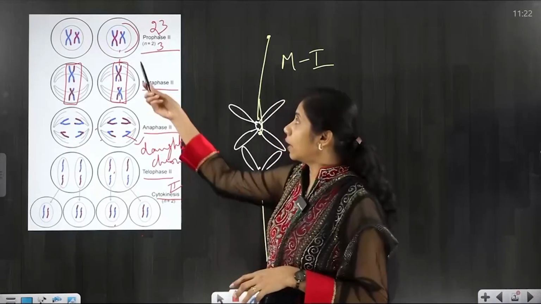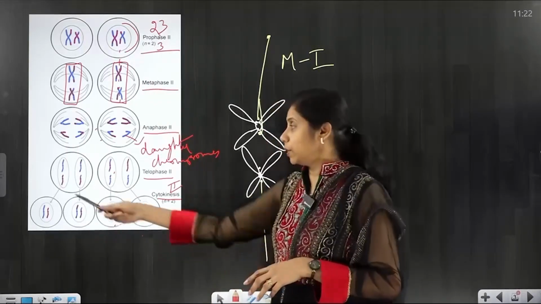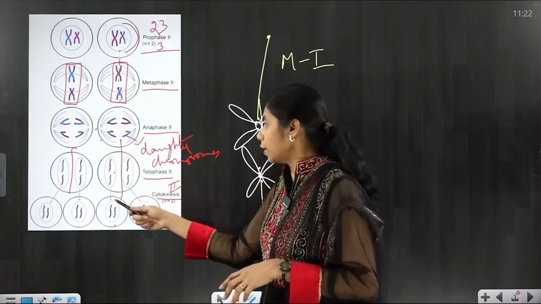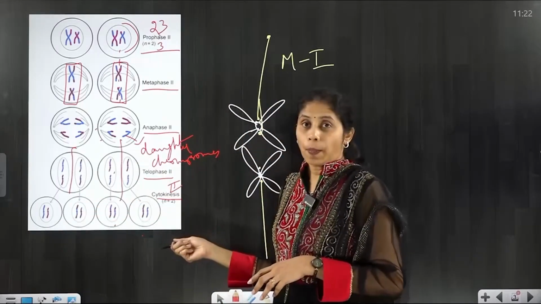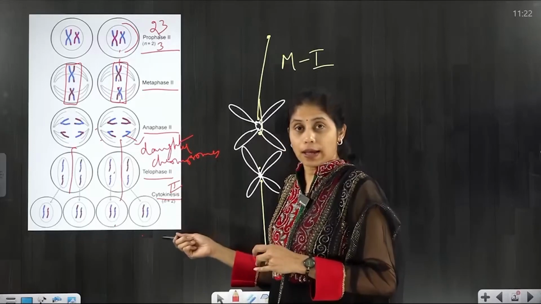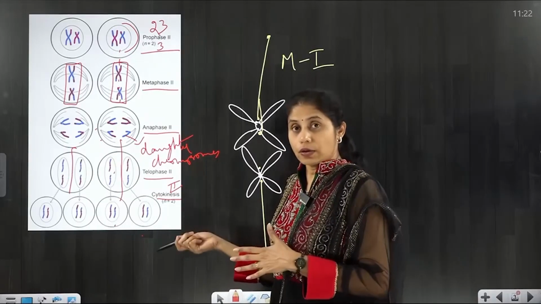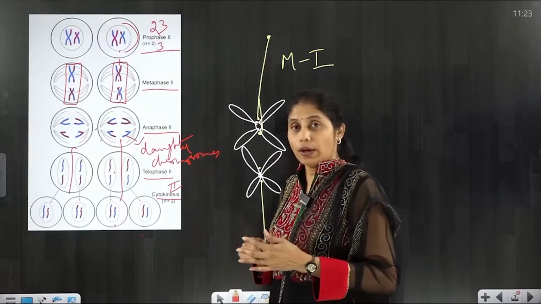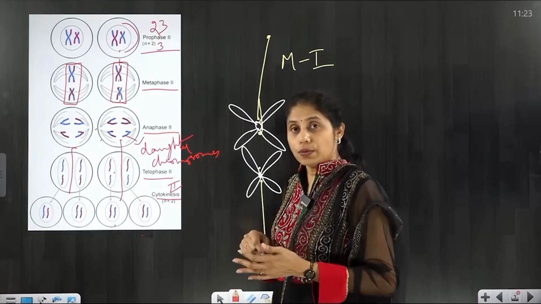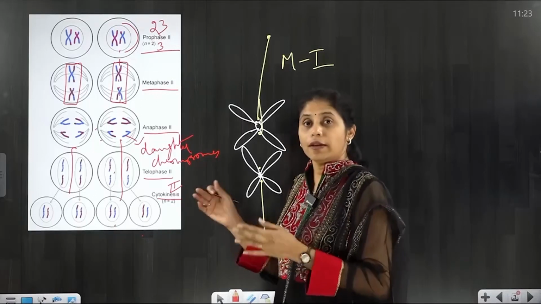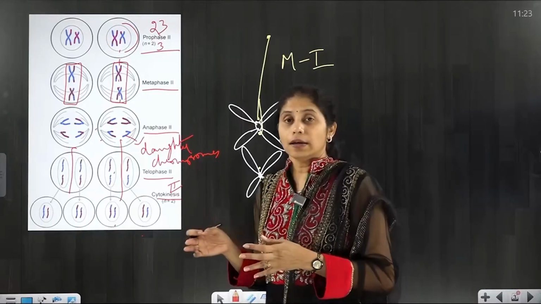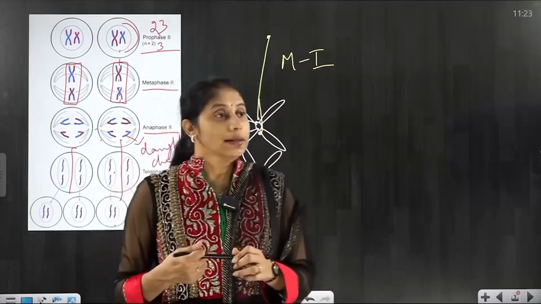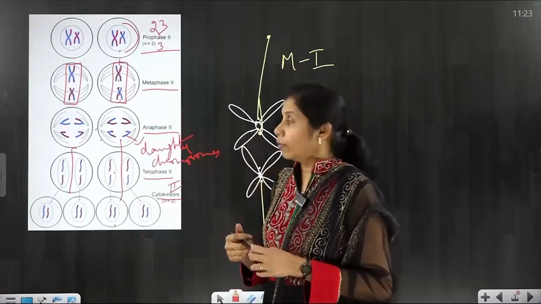Here they have shown 4 daughter cells formed: this cell divides into 2 daughter cells and this cell divides into 2 daughter cells, with only one cytokinesis taken. But this is also correct. In some cells this will happen, and in some cells karyokinesis 1, cytokinesis 1, karyokinesis 2, cytokinesis 2 will happen. Either way it is correct. But in NCERT, karyokinesis 1, cytokinesis 1, then karyokinesis 2 and cytokinesis 2 is given.